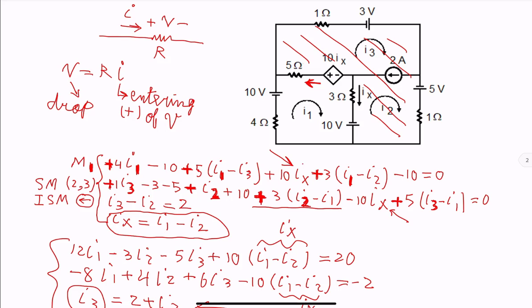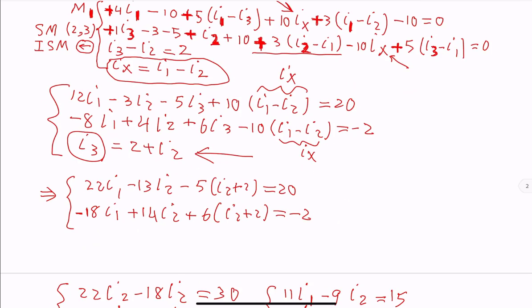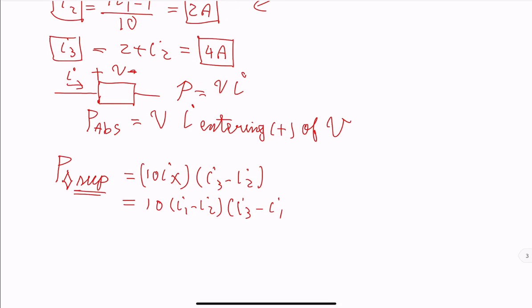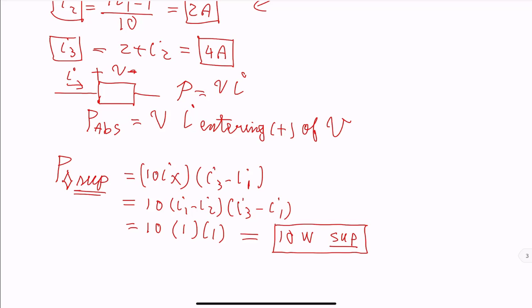The current here is I3 minus I1. So let me correct this to I1. That's equal to 10 times, substitute for the numbers, we get 1 and 1. And this is 10 watts. And make sure again you have the word supplied next to it, because we did not use the passive conventions.